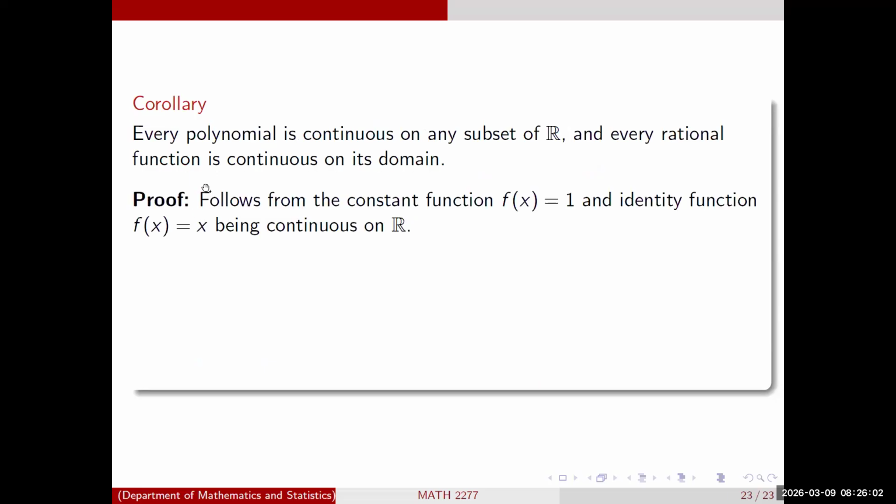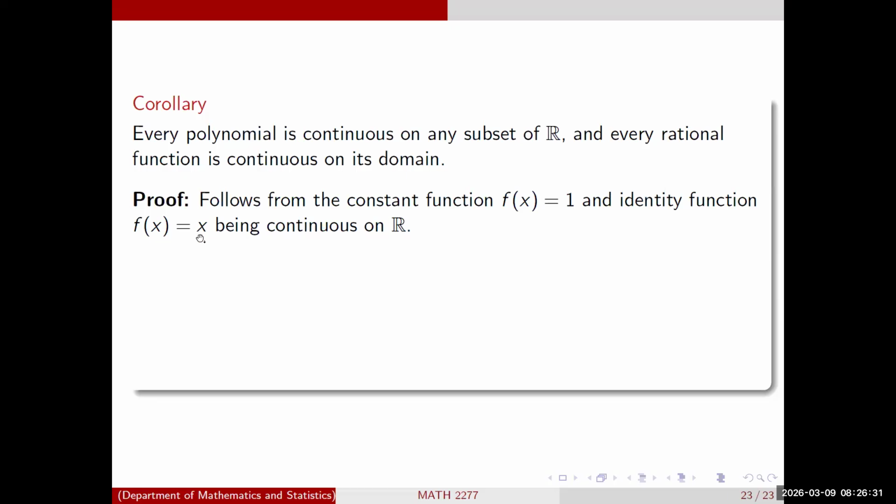Okay, so the proof, like I said, follows from the constant function 1 and the identity function x being continuous on R. Because if I give you any polynomial, so pick your favorite polynomial, quadratic, cubic, 10th order polynomial, doesn't matter. Pick any polynomial. You can build it using two functions, 1 and x.